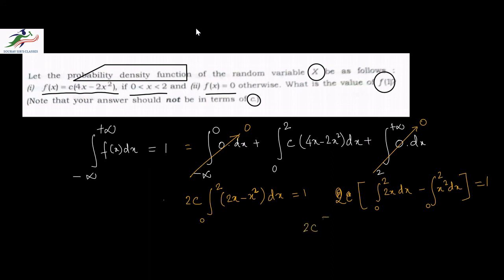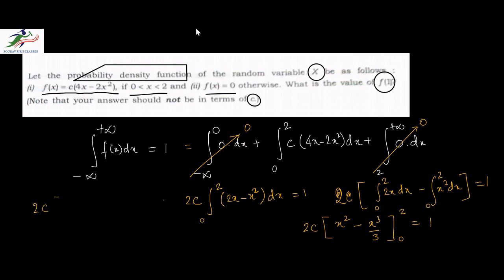So 2c into, the integral of 2x dx is x square, minus the integral of x squared dx, which is x cubed by 3, within the range of 0 to 2, is equal to 1.